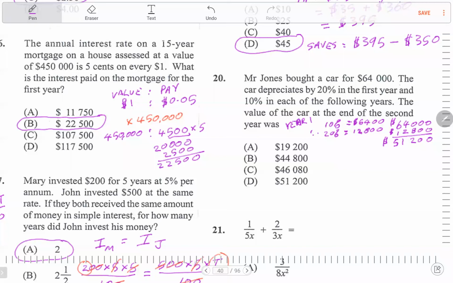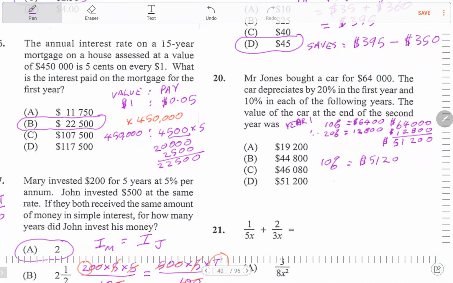Then now we want to subtract 10% from this. All right? So for 10%, you just take off one of the zeros. Let's write it down. 10% is now equal to 5,120. Right?